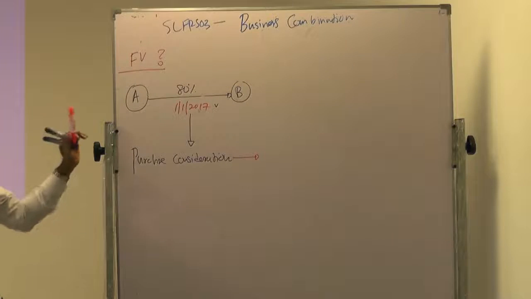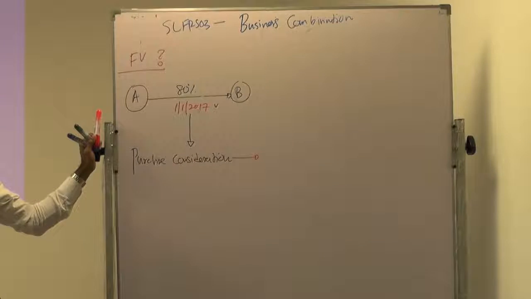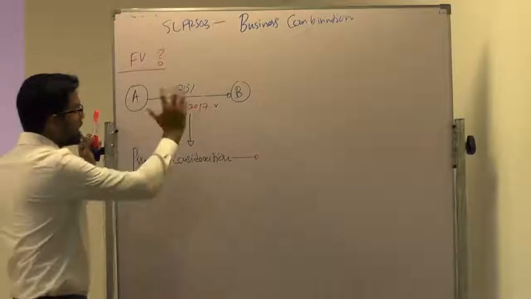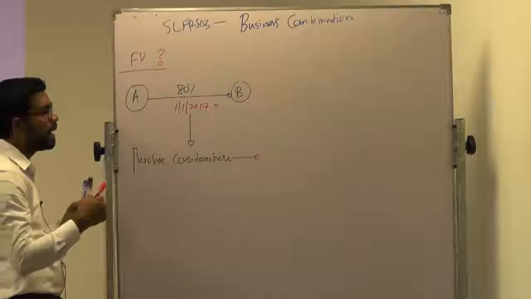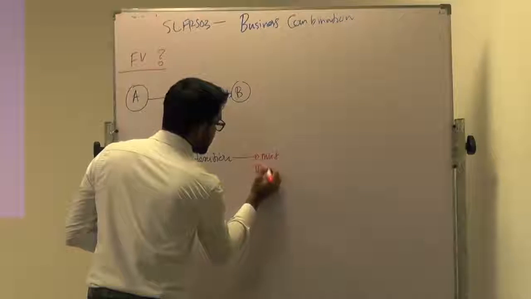Will the owner of that land agree to sell this at 50,000 rupees? No. Why? The current market price of the land is equal to or more than 500,000 rupees. So acquisition negotiations always happen at market price.